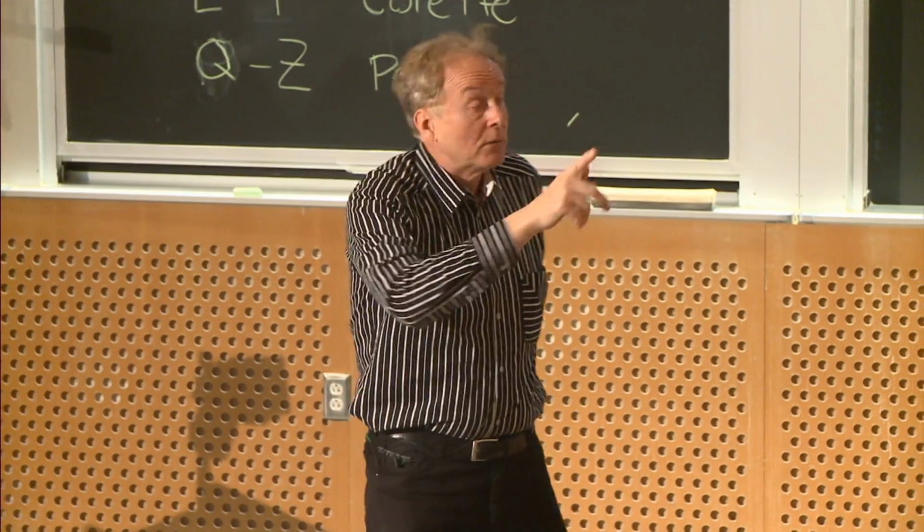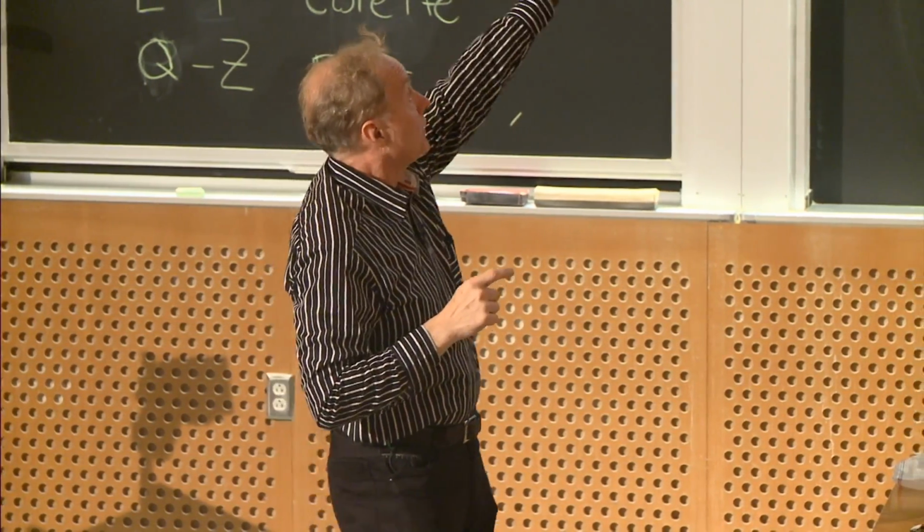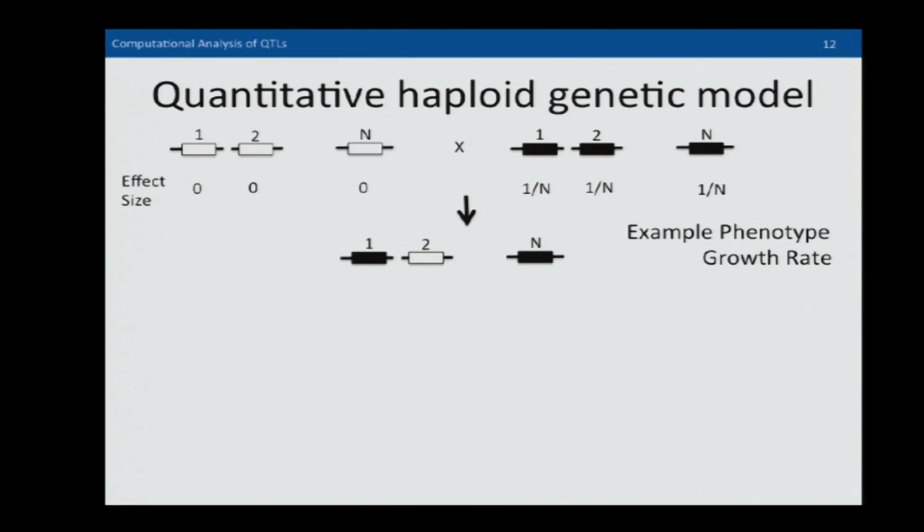Okay. So now let's look at this quantitative model. Let's assume that mom has a bunch of genes that contribute 0 to an effect size, and each gene that dad has produces an effect of 1 over n. So the total effect size here for dad is 1.